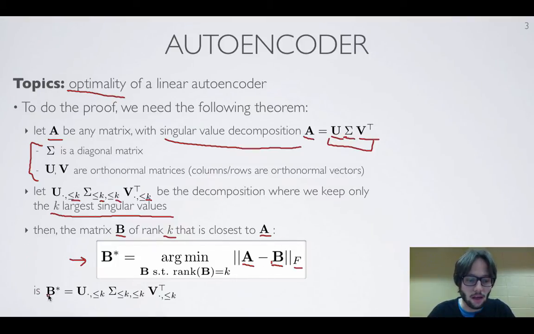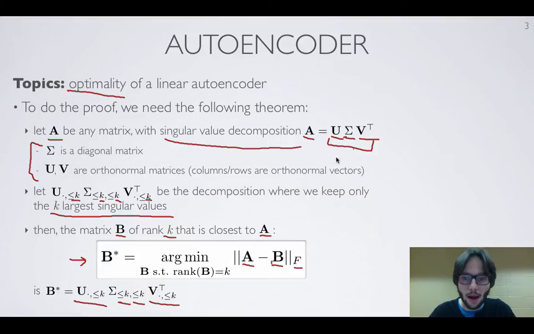Well, it turns out that the solution to that optimization problem, the matrix B star that optimizes the Frobenius norm here, is just the matrix that can be written as the product of the selected first k columns of U, the submatrix that selects the k first rows and columns of Sigma, and then V transpose, where in V we've also selected the k first columns.